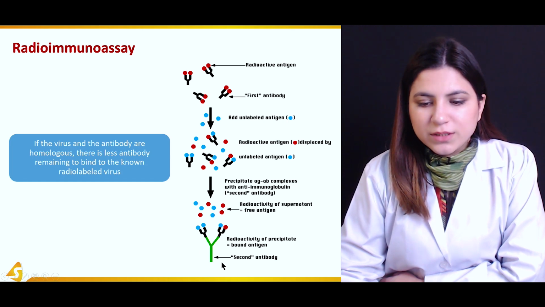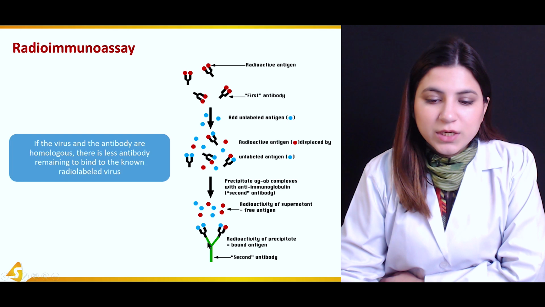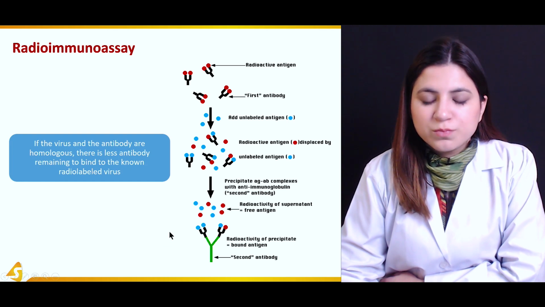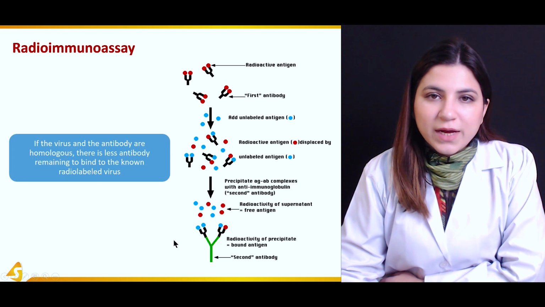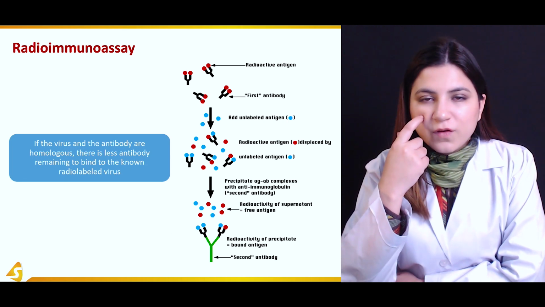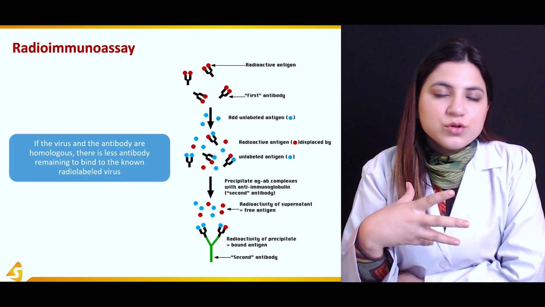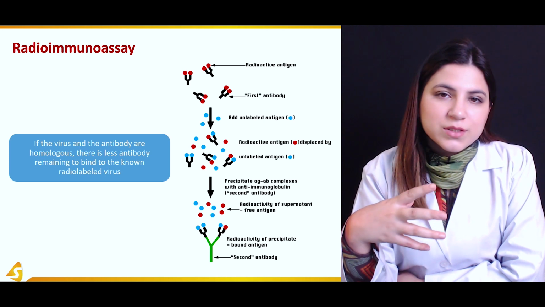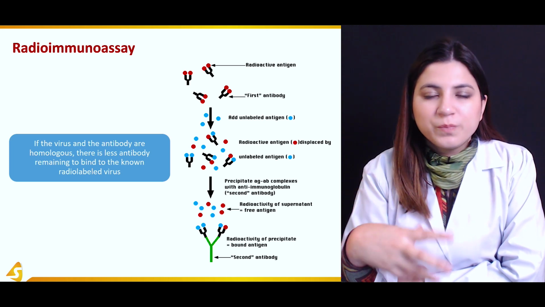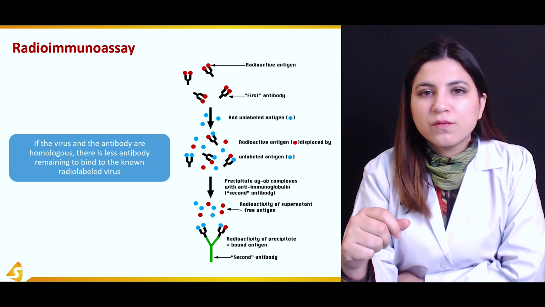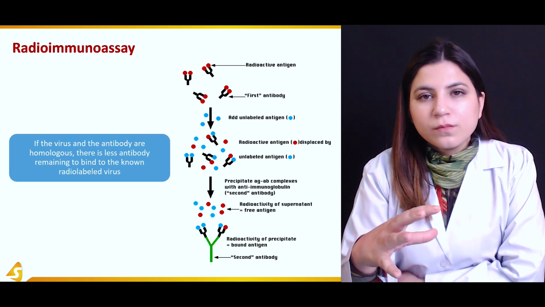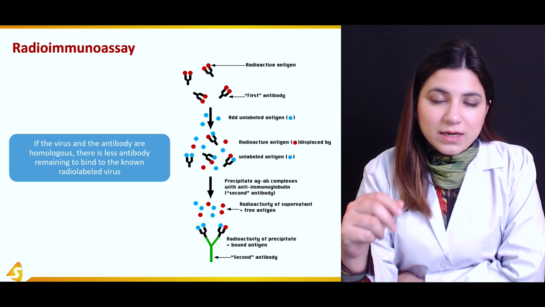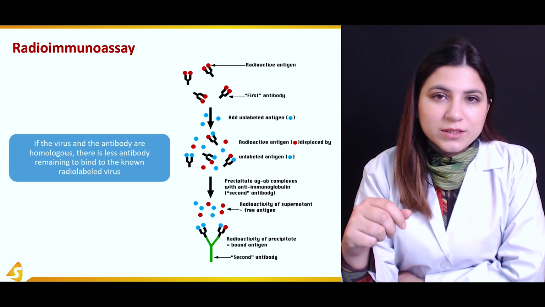This is a bound antibody, and this antibody can actually be complementary to the first antibody, and it can bind to that antibody. And thus all those bound antibodies will actually help us identify the amount of radio-labeled antigens that are displaced or the amount of viruses that are present inside a particular sample.